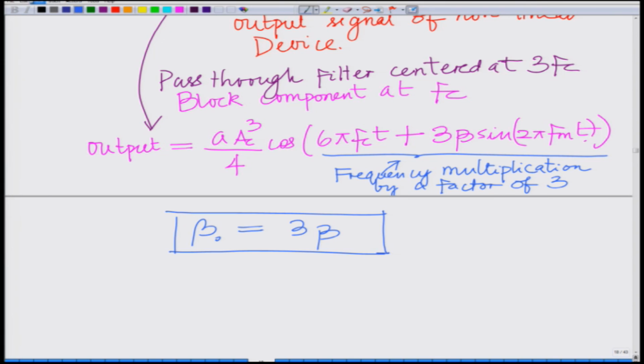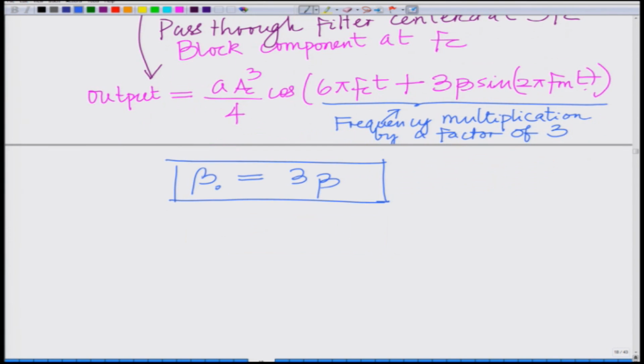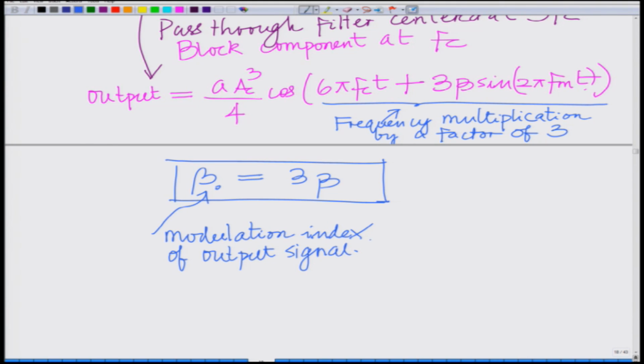So, the modulation index of the output signal is 3 times beta, where beta is the modulation index of the input signal.